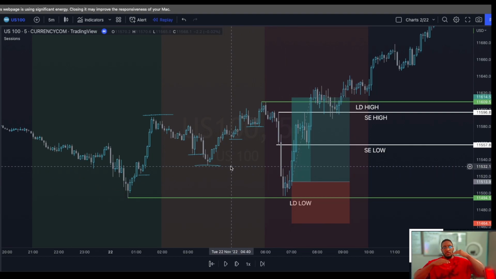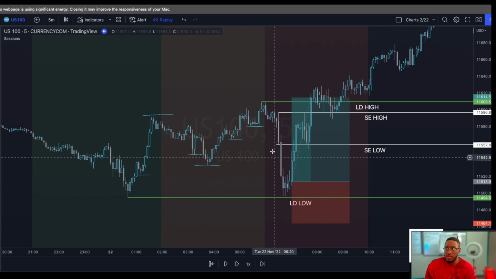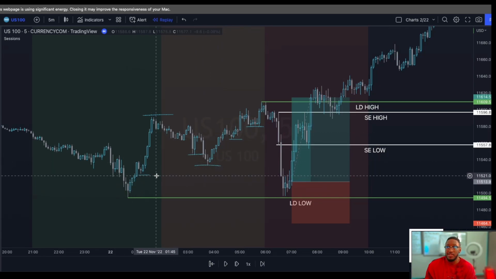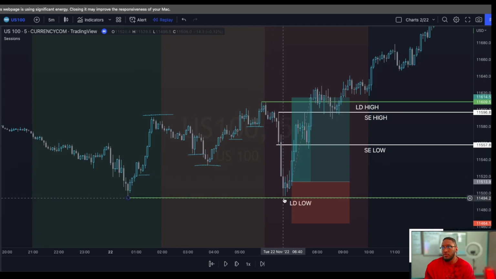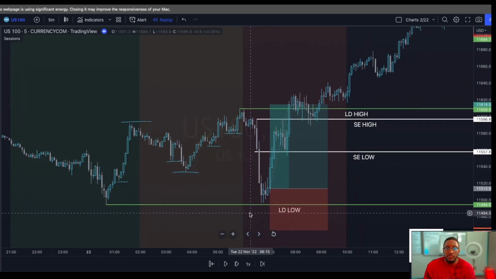So I look for how far it can go down to actually reverse. Like at what point will it reverse if we're getting a momentum sweep like this, where it's just taking out these liquidity levels, right? These stop orders and stuff like that before it hits a previous low or a previous high, and then it can possibly reverse.